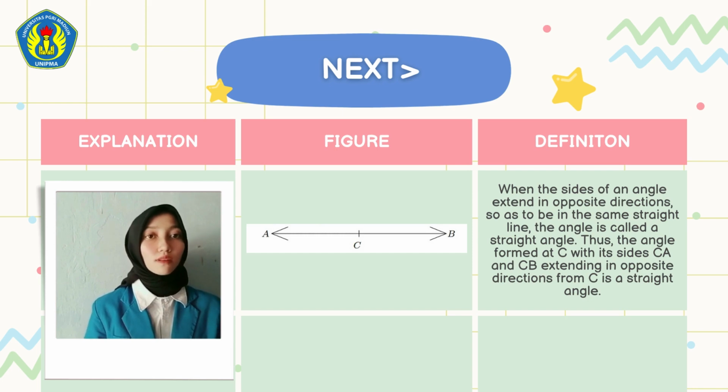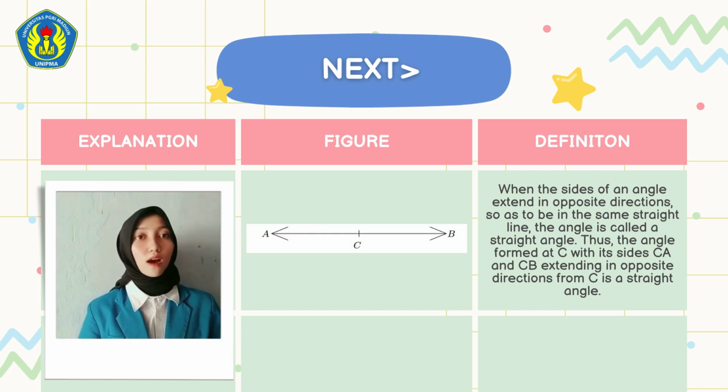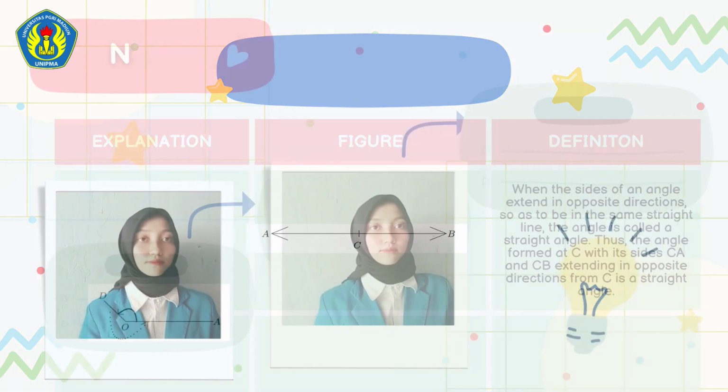In other words, the angle has a magnitude of 90 degrees, or the right angle is half of the straight angle. Thus, if the sides CA and CB extend in opposite directions from point C and form a straight line, the angle formed at point C is a straight angle.